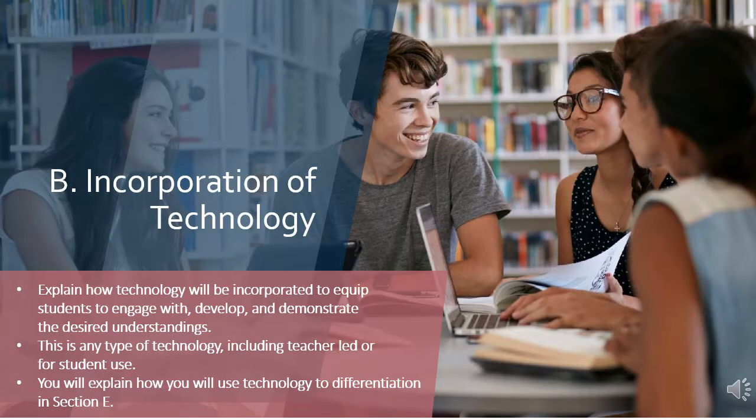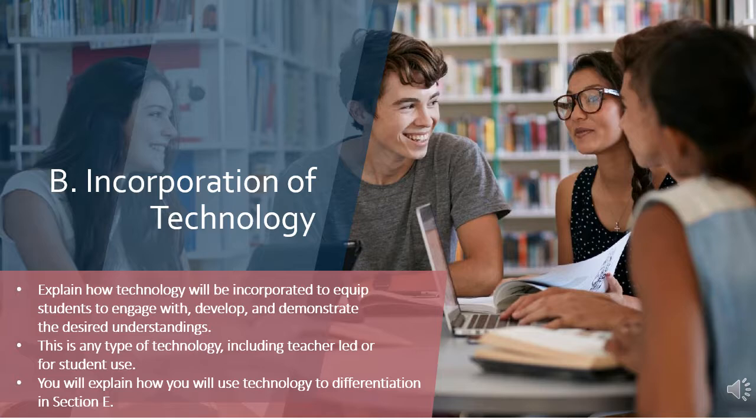Section B speaks to incorporation of technology. Here you will explain how technology will be incorporated to equip students to engage with, develop, and demonstrate the desired understandings. This is any type of technology, including teacher-led or student use.